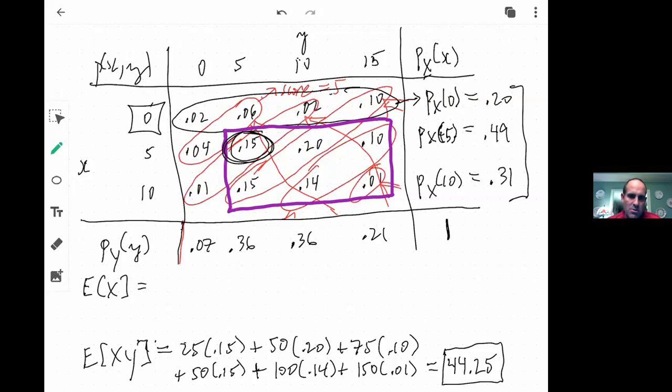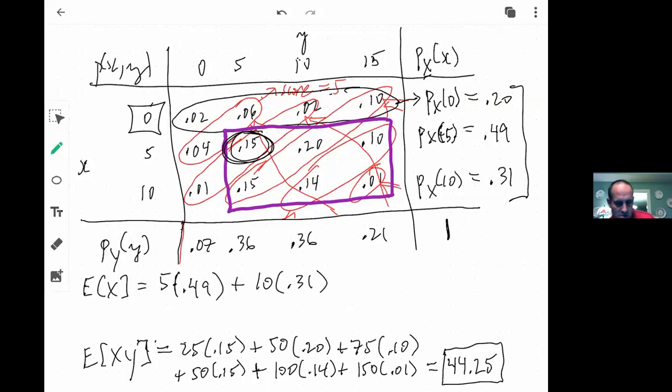So I can compute the expected value of X rather easily. Of course, the 0 isn't going to contribute anything. What about the 5? That's going to be 5 times 0.49 plus 10 times 0.31.